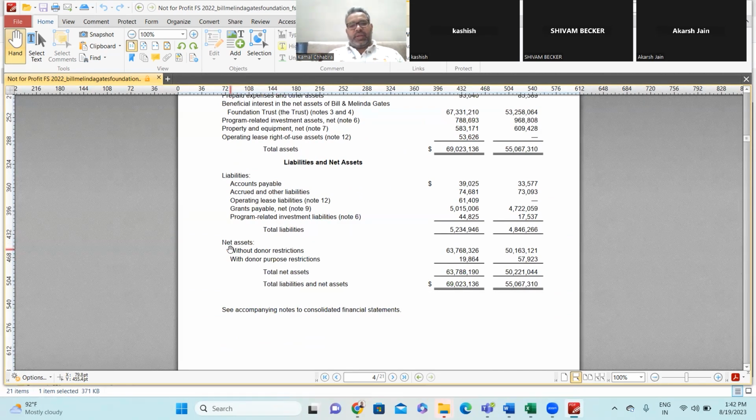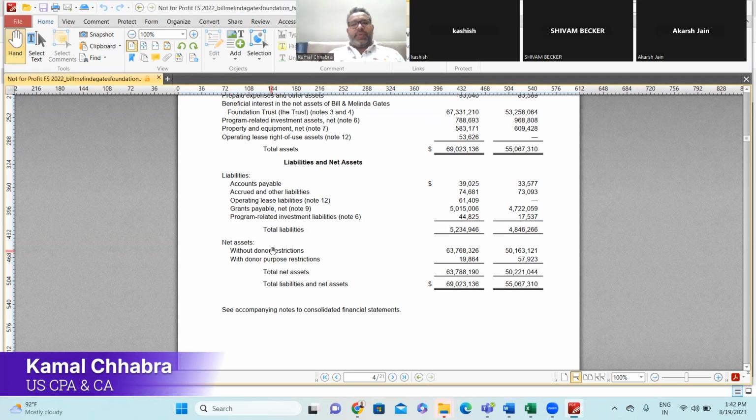So instead of equity it is net assets, and that is further divided into two pieces. One is without donor restriction, where you do not have any restriction from the donor on where you need to invest. And the second is with donor restriction, that means the donor advises you the purpose for which you need to make this investment. We'll be discussing that also in detail.